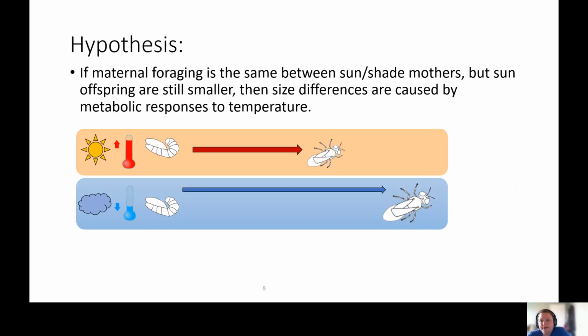I hypothesized that, provided maternal foraging effort is the same, so the size of the provisions that the offspring receive from their mother is the same, if sun bees are still smaller than shade bees, then the size difference is due to their metabolic responses to their developmental temperature.